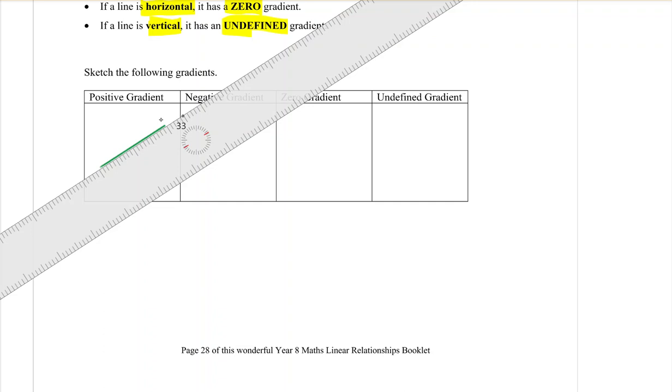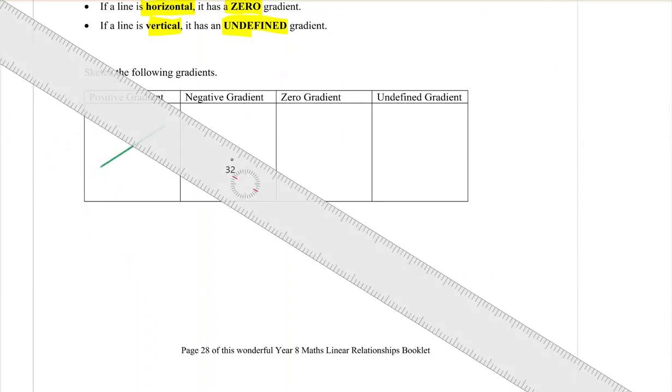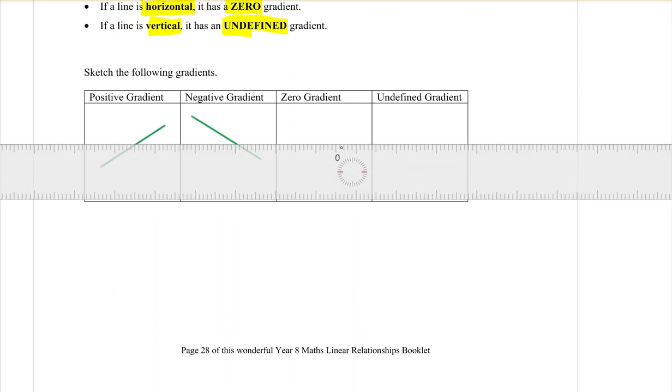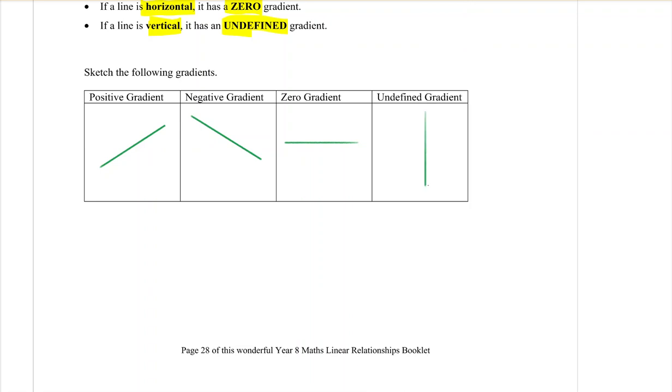If we need a negative gradient, then we are going down the hill. Negative gradient. A 0 gradient is perfectly flat or perfectly horizontal. And an undefined gradient is a vertical line. So those are the 4 main types that you need to look out for.